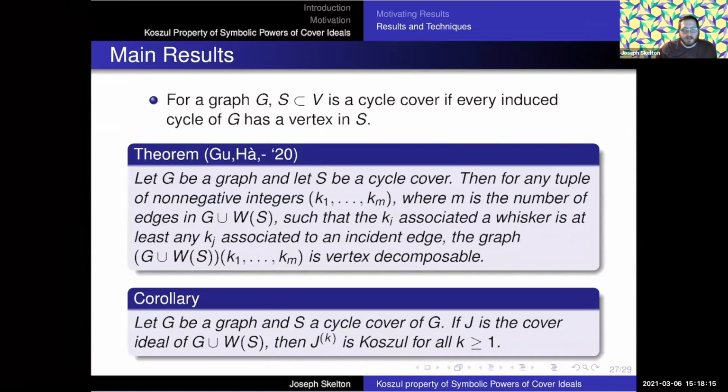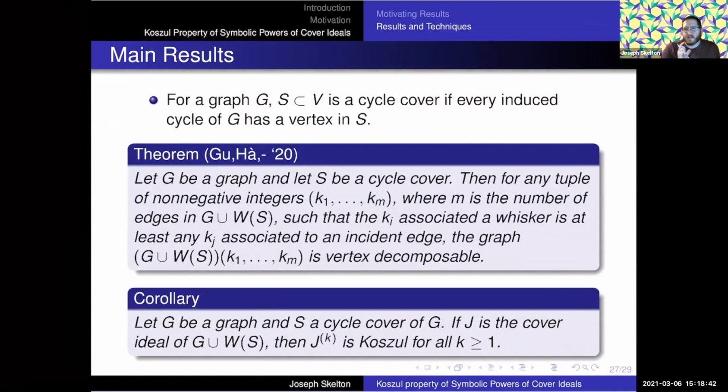So here's our main result, and this is probably gonna be the last thing I talk about. So I pick S to be a cycle cover. What a cycle cover means is that every cycle has a vertex in this subset of vertices. Or equivalently, if I delete this subset, I get a tree or a forest, if you know anything about graphs.